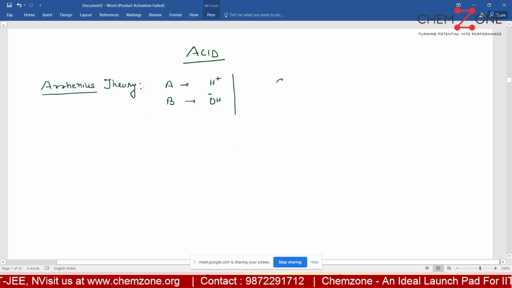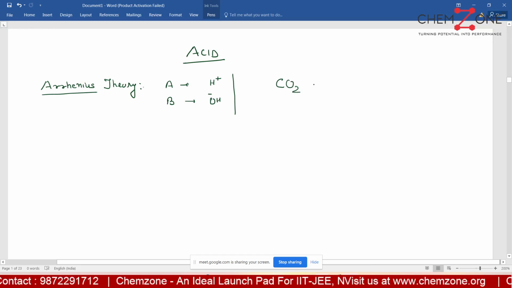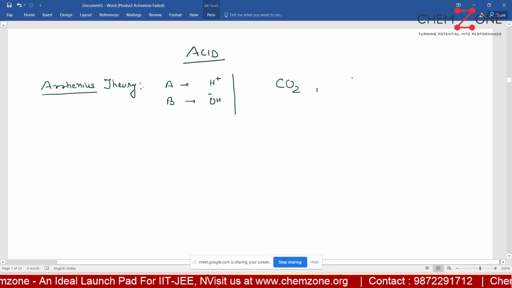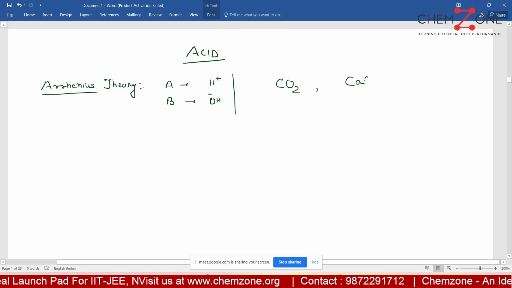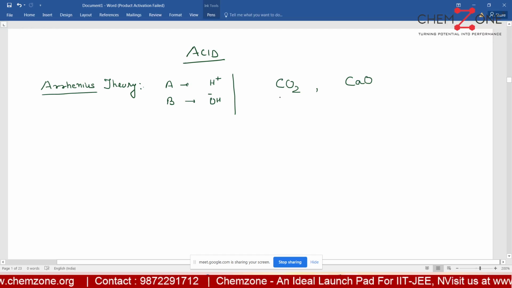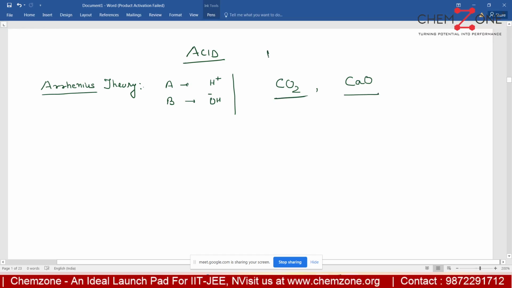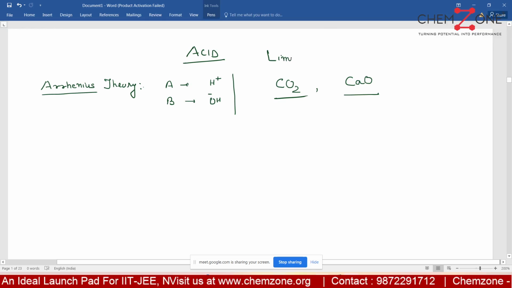But if I say carbon dioxide, it does not have any H positive ion to donate. Still, it is acidic in nature. Calcium oxide does not have any OH ion to donate. Still, it is basic in nature. How are these acidic or basic? The Arrhenius theory cannot explain. So, these are the limitations of the Arrhenius theory.